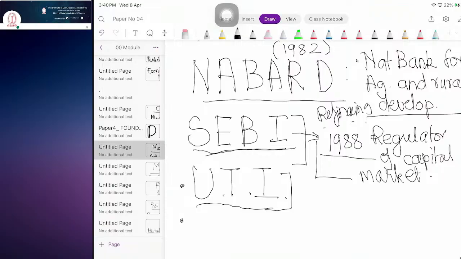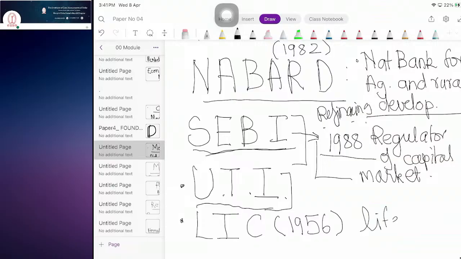Another important financial organization is LIC. What does LIC stand for? Life Insurance Corporation. It is one of the biggest insurance companies in India, formed in the year 1956, and it is in the business of life insurance.